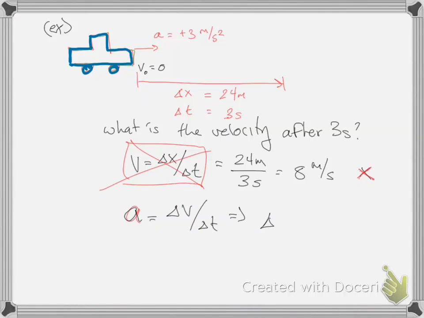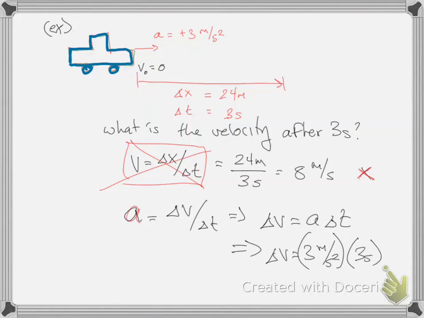So therefore, delta v equals a delta t, and so delta v equals 3 meters per second squared times delta t, which is 3 seconds, and so delta v is 9 meters per second. But what's v initial?